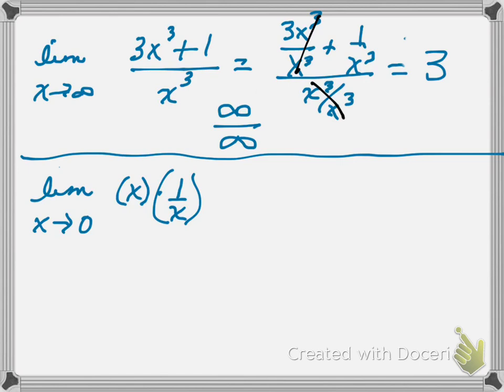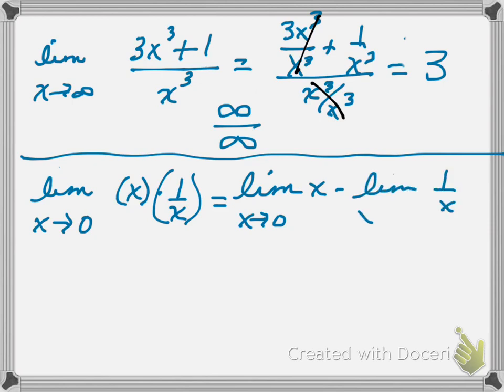If I do this problem, remember limits can be separated. So if I were to do this as the limit as x approaches 0 of x times the limit of 1 over x as x approaches 0, if I plug 0 in here, I just get 0. If I plug 0 in here, I get 1 over 0. And if you have 1 over a number incredibly close to 0, remember that approaches infinity. So I come up with 0 times infinity.